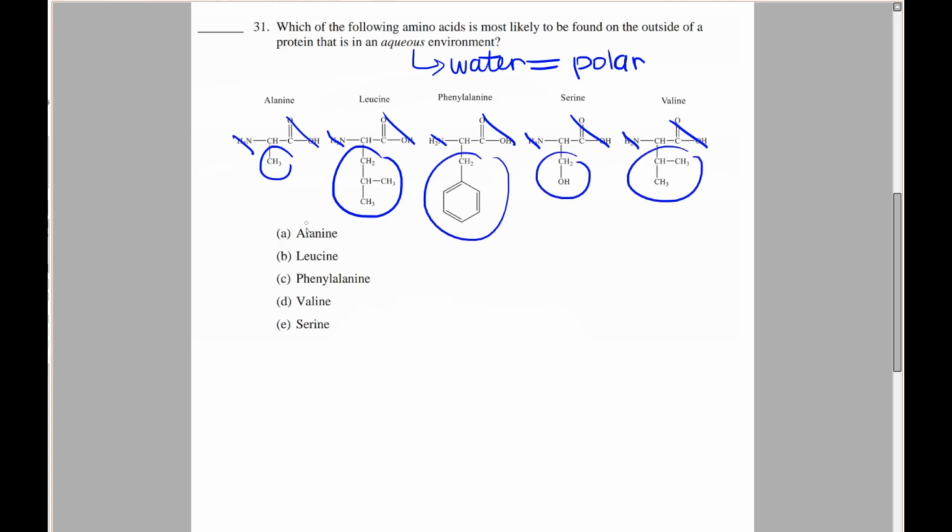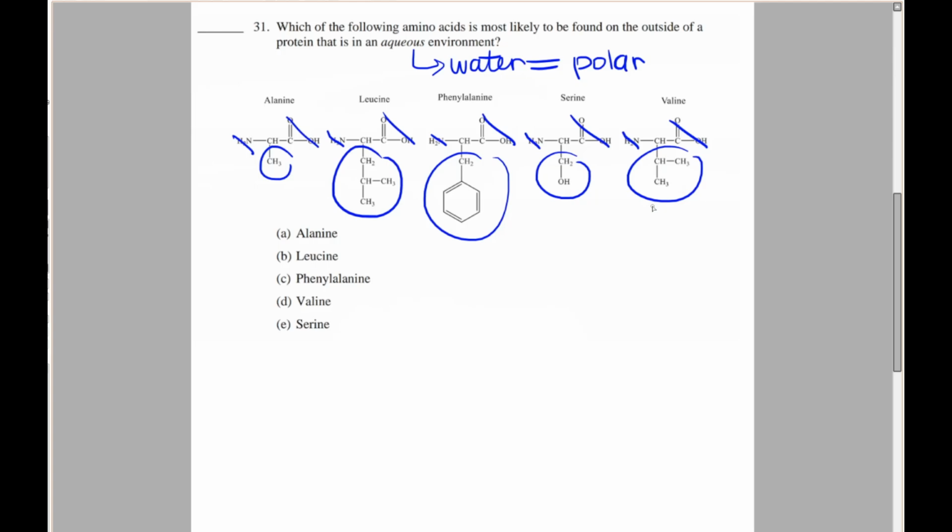As we can see, alanine has just a methyl group or CH3 on its side chain. Leucine has this sort of branched alkane in its side chain. Phenylalanine has this aromatic ring in its side chain, and serine has a CH2 and an OH group, and valine has a slightly less branched alkane side chain.